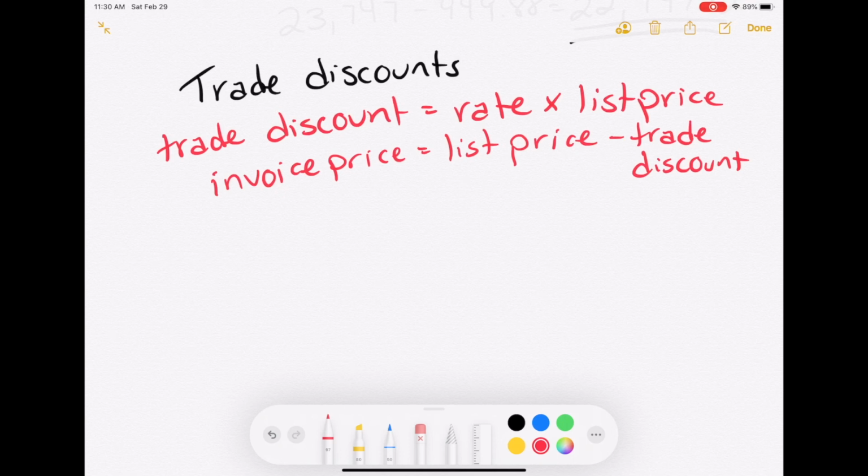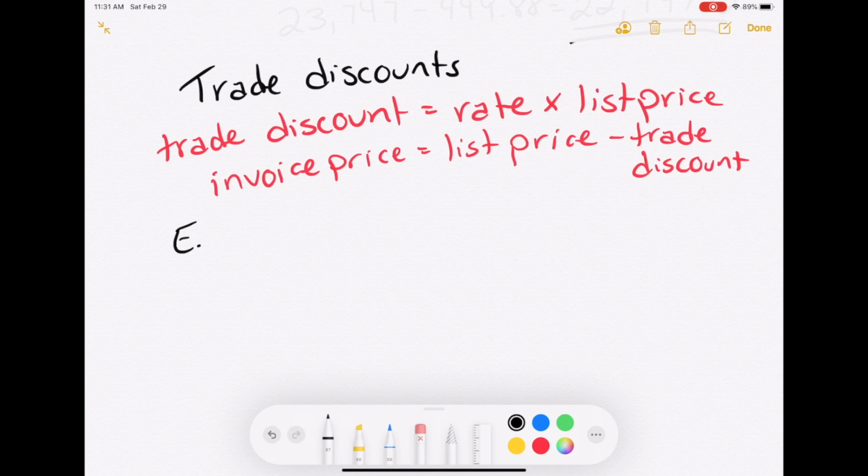Okay, so let's look at E. The list price of a gas grill is $249 with a 35% trade discount to retailers. What trade discount would the retailer get on the grill, and then what would the invoice price be?